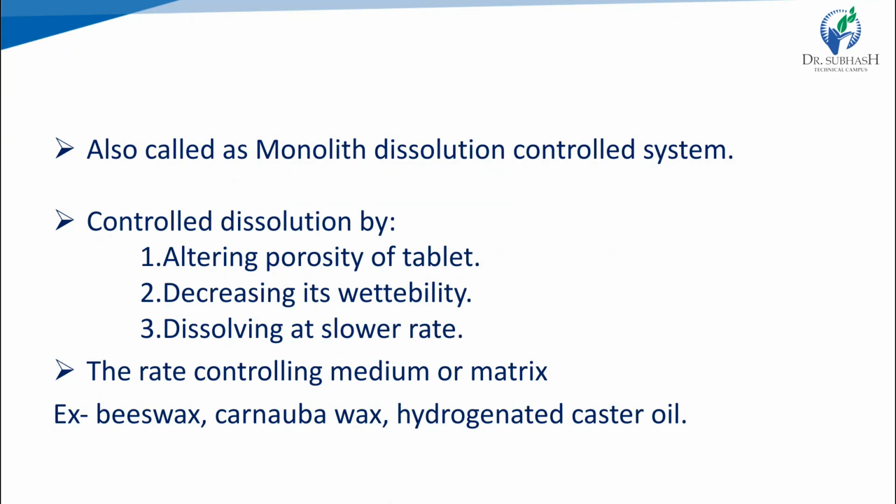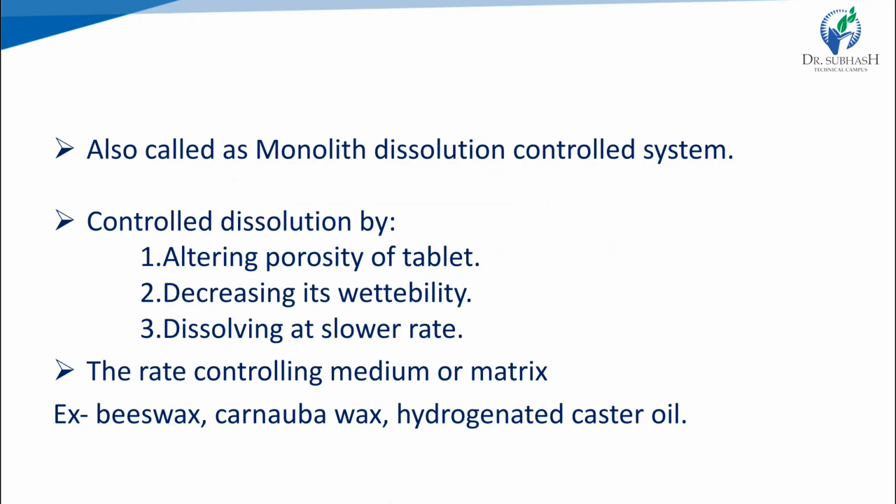Here the dissolution rate is controlled by three mechanisms: altering the porosity of the tablet, which is the rate limiting step; decreasing its wettability; or dissolving at a slower rate. We can reduce these three parts and then control the dissolution based drug release.